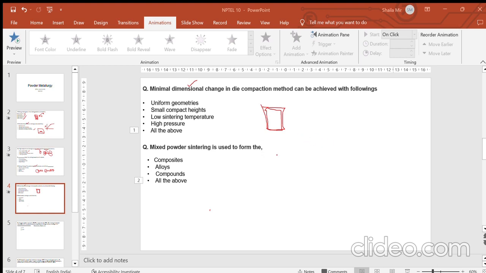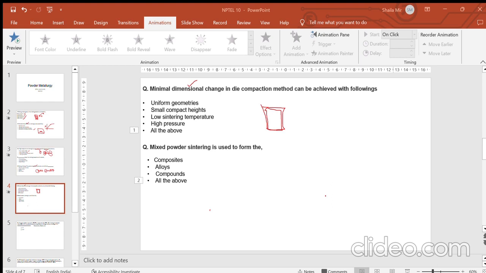During the sintering, it will melt and try to occupy all the voids or pores inside the material, and as such you can have a liquid material that has solidified during the sintering process and covered all your pores or voids. So you can form a composite, an alloy, or a compound based on your sintering temperature and the type of powders that you are using.